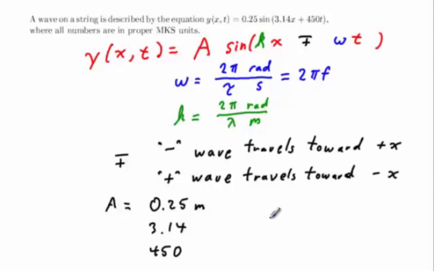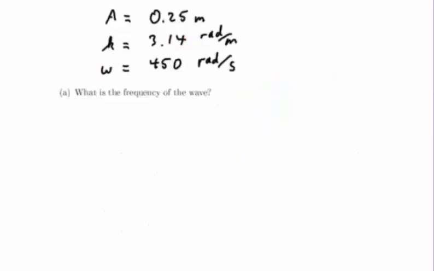Since the 3.14 multiplies x, we recognize that is the wave number k, and the wave number k is in radians per meter. Finally, we recognize that the 450 multiplies t and is therefore the appropriate unit conversion, 450 rad per second. Using this information, we'll actually find that the problem is quite easy to solve.